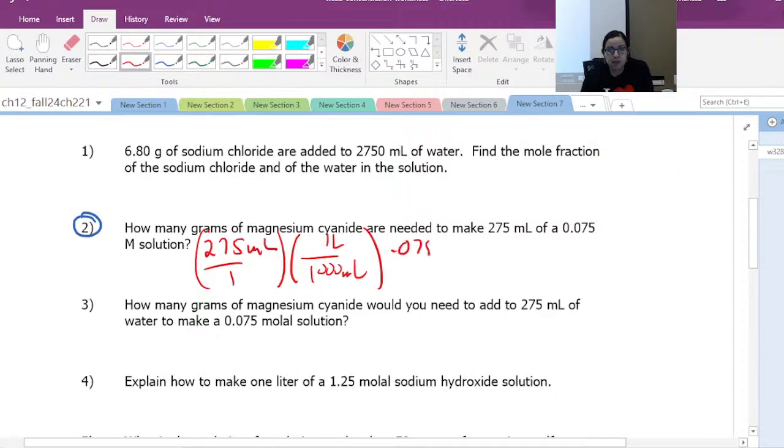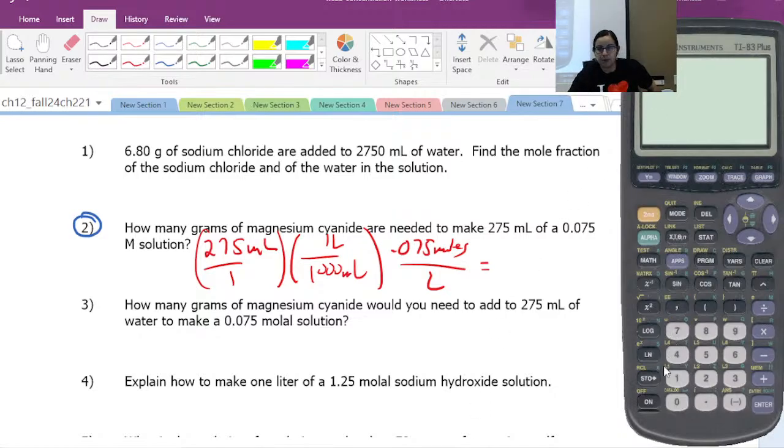So 0.075 moles per liter. And then what was the molecular weight of magnesium cyanide that we calculated? 76.34. So I see that in the chat. And so did we all get this many moles? 0.0206 moles of magnesium cyanide.